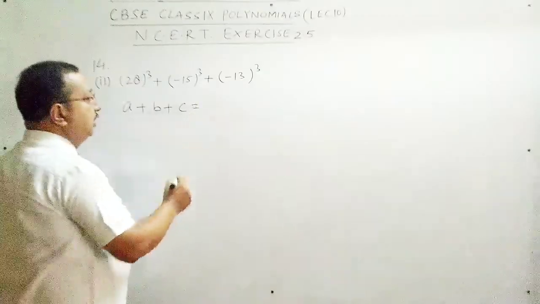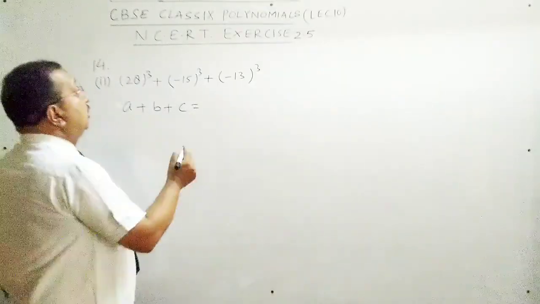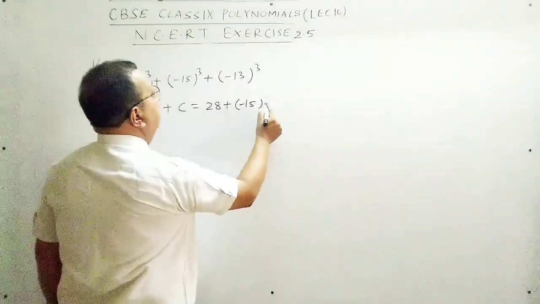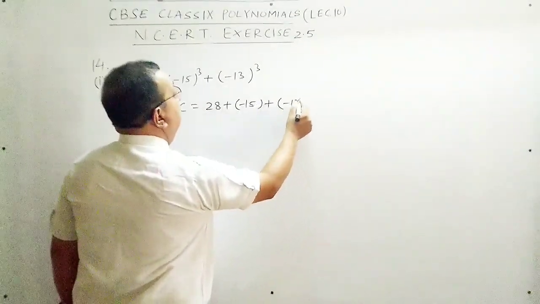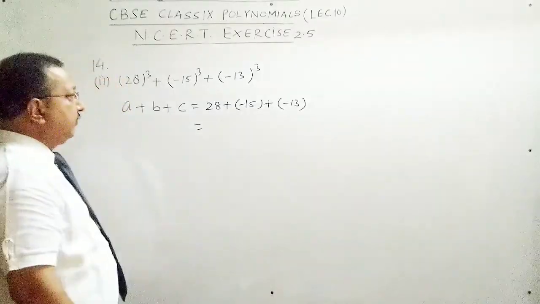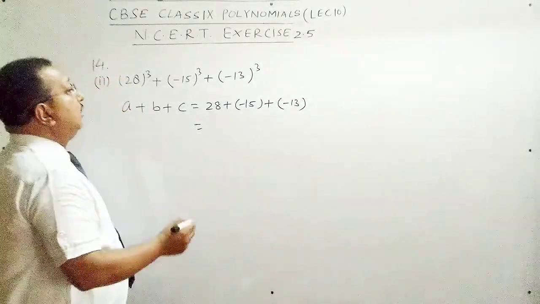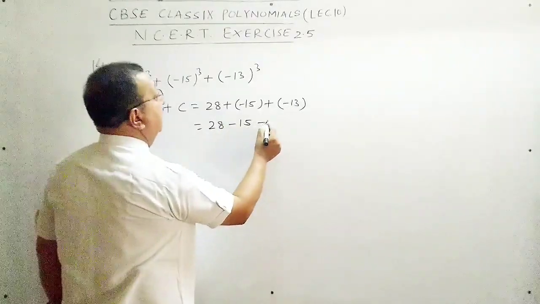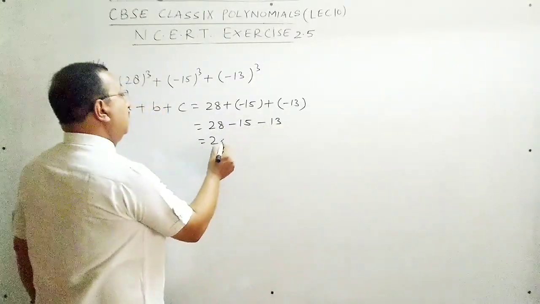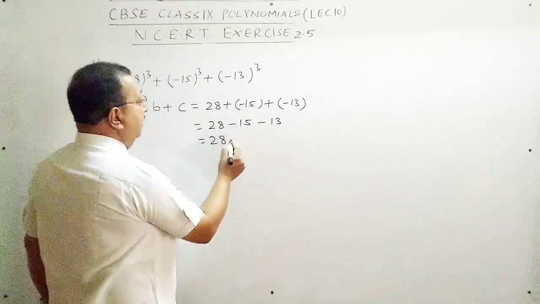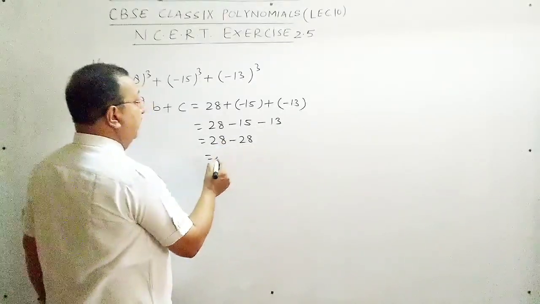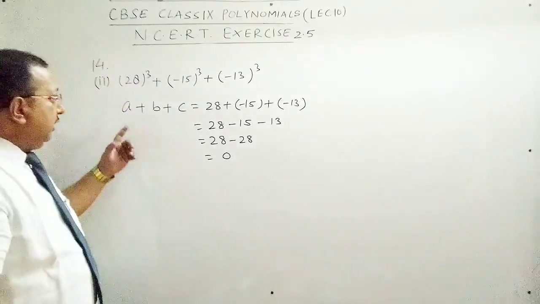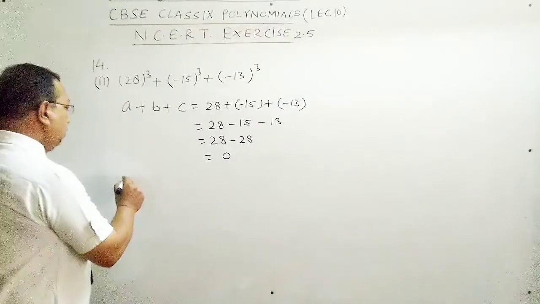So A plus B plus C is 28 plus minus 15 plus minus 13. Minus 15 minus 13 is minus 28. 28 minus 28 is 0. We see that A plus B plus C equals 0.